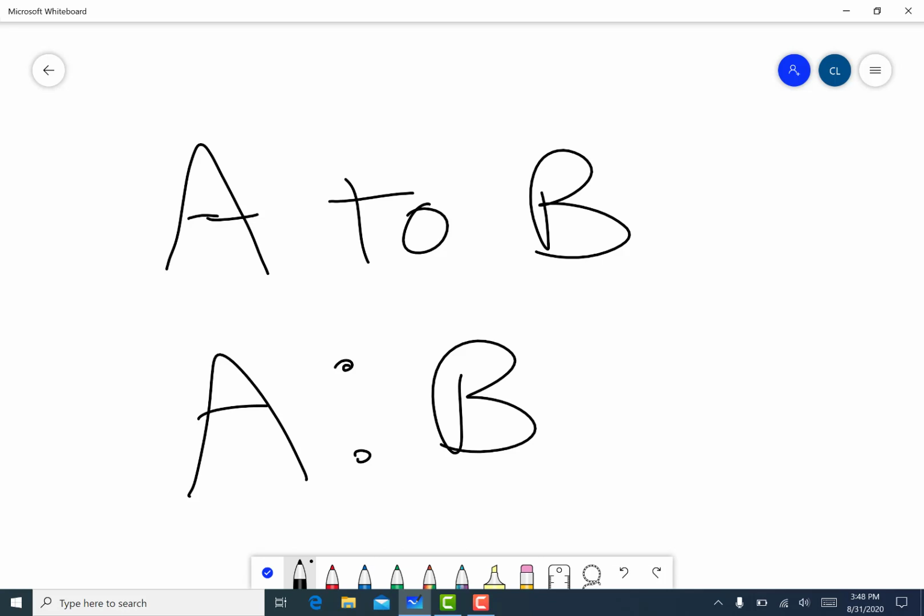Again, we've been through a lot of these words in our ratio relationships. The ratio A to B is not the same as B to A unless A is equal to B. Remember that whatever you put first, that matters. Order matters.